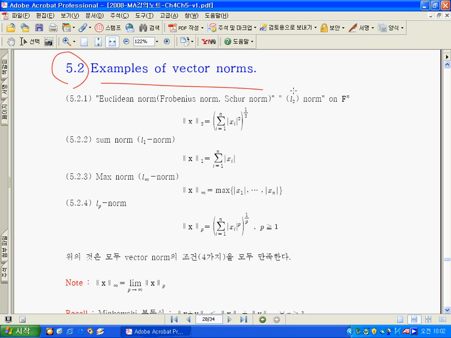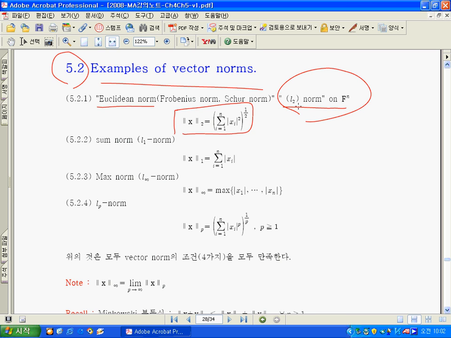Yeah. The vector norms you have actually learned already, so we can go a little fast. Examples of vector norms. Section 5.2. This norm that you are very familiar with is called the Euclidean norm, or Frobenius norm, or Schur norm, or L2 norm on Fn.